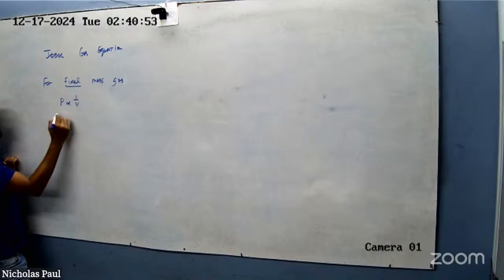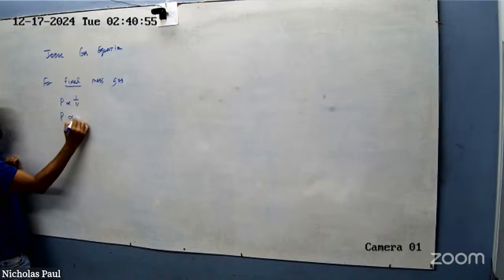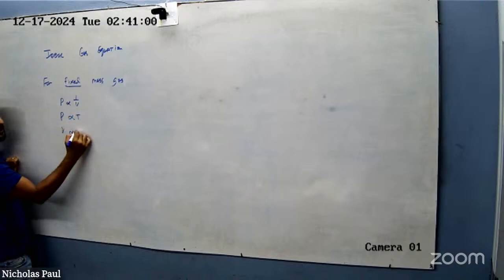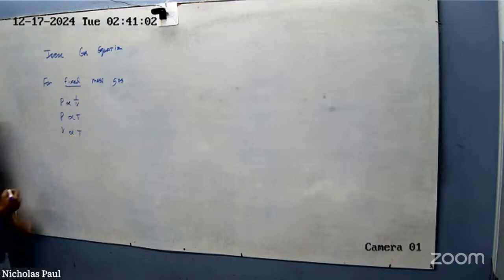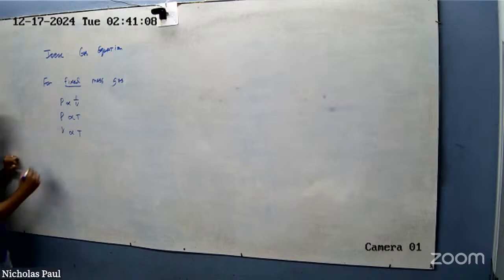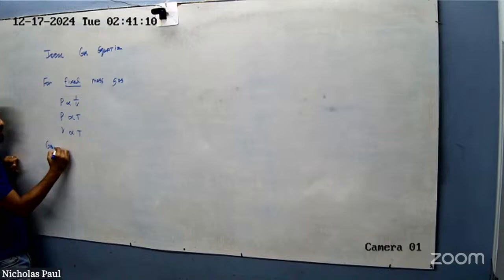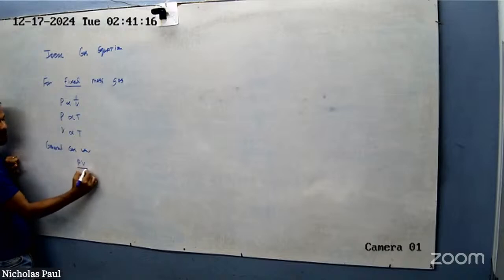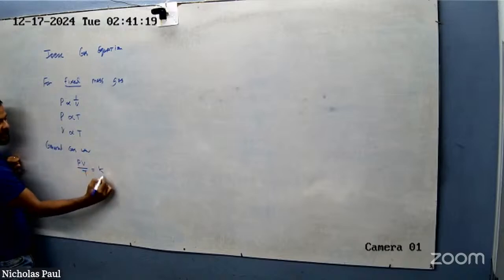And we said that pressure was proportional to temperature and volume is proportional to temperature. And if you combine all three, what they came up with is the general gas law. General gas law says that PV on T is constant.